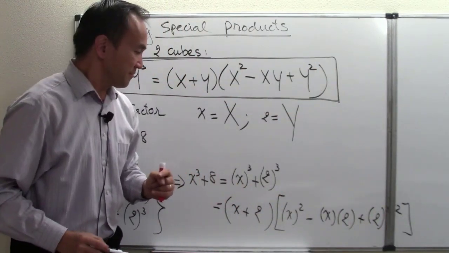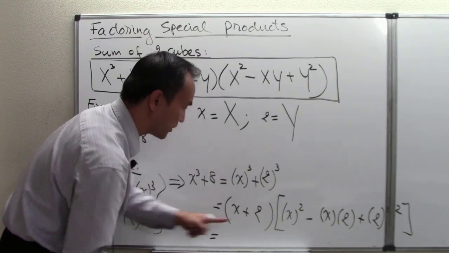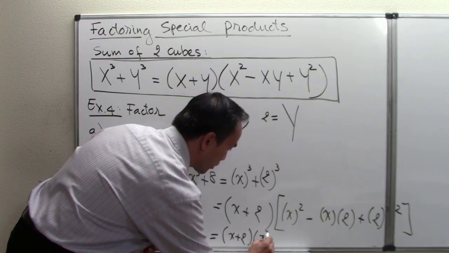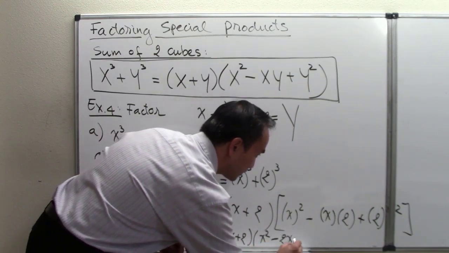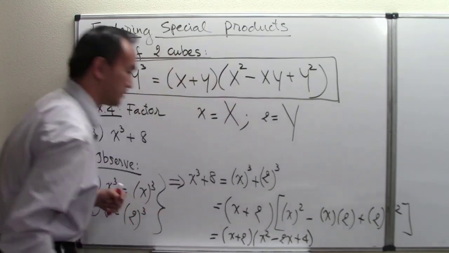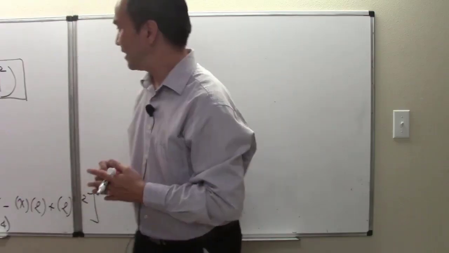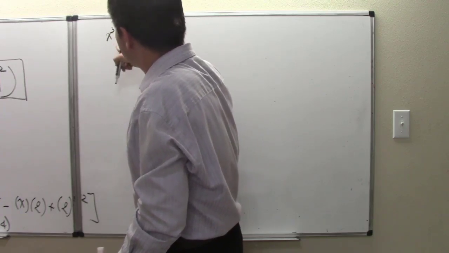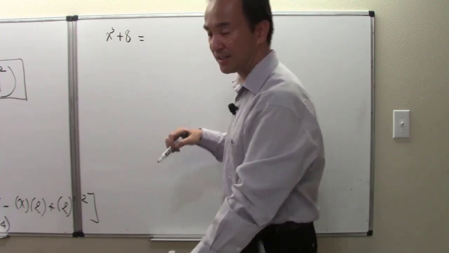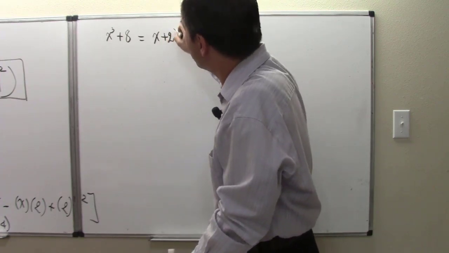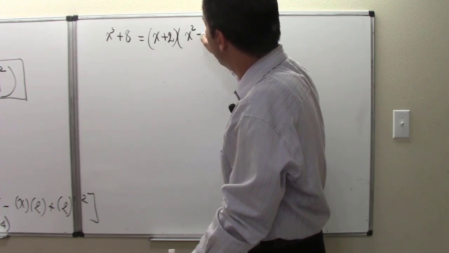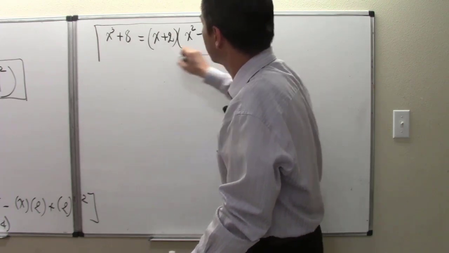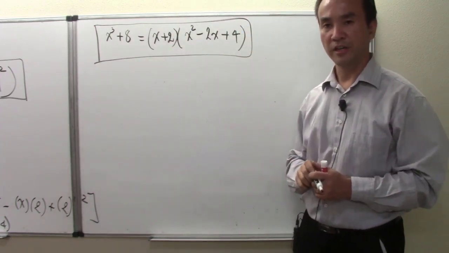And so rewriting all of the expressions, I'm looking at x plus 2 in product with x squared minus 2x plus 4. As a final conclusion, x cubed plus 8 can indeed be factored into x plus 2 times x squared minus 2x plus 4. And that's how we have factored out the sum of two perfect cubes.